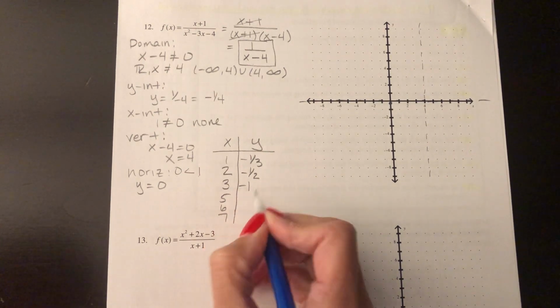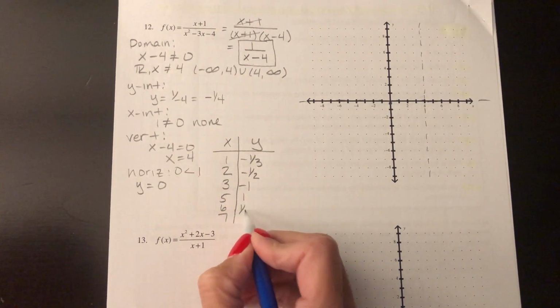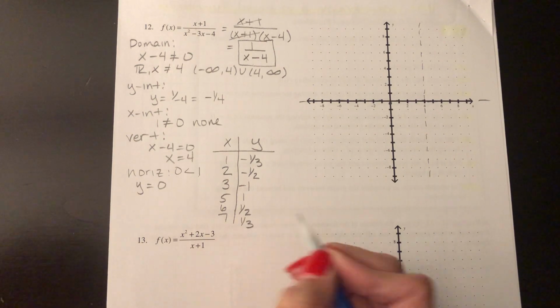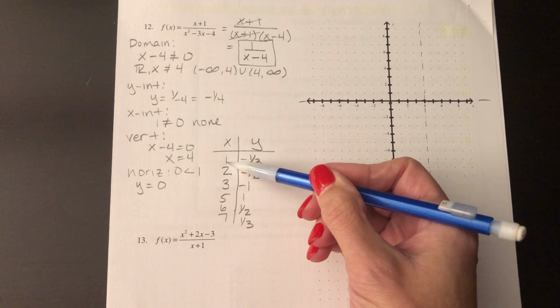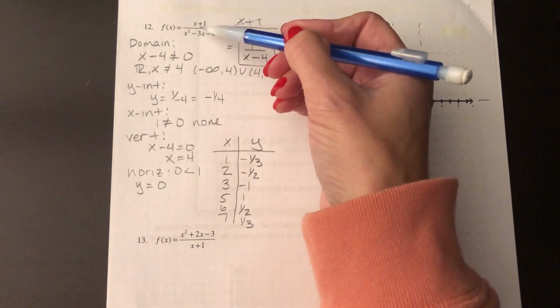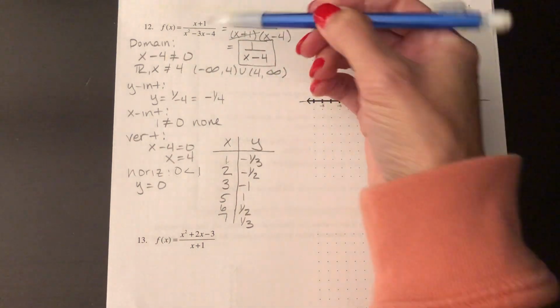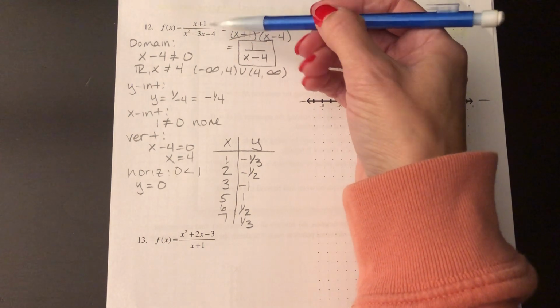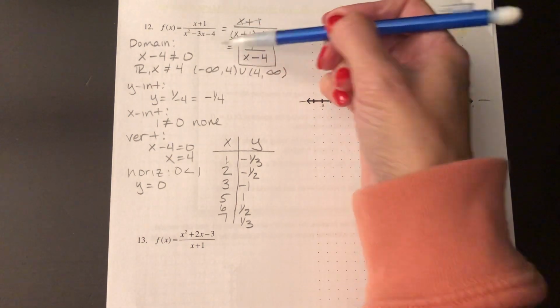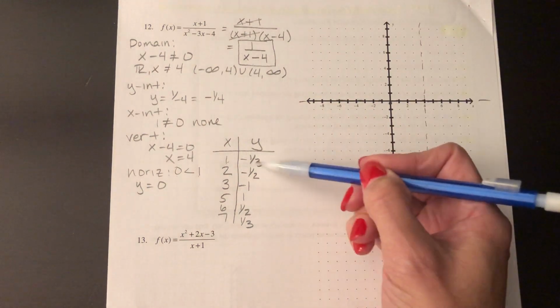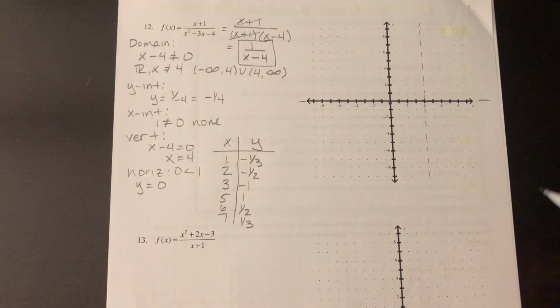Just fill these in for you to save time. So you're taking the x value, plugging it in here. So for example, this would be 1 plus 1 is 2 over, then you would do 1 squared minus 3 times 1 minus 4, reduce it down, simplify it to negative 1/3.